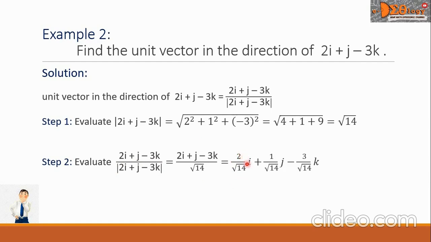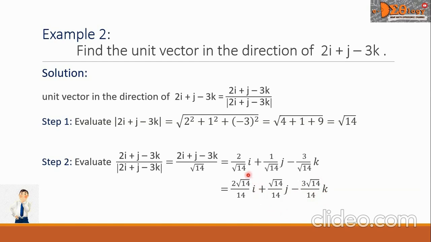So we now have 2 over square root of 14 times i plus 1 over square root of 14 times j minus 3 over square root of 14 times k. If we rationalize the denominator, we will have this expression: 2 square root of 14 over 14 times i plus square root of 14 over 14 times j minus 3 times the square root of 14 over 14 times k.